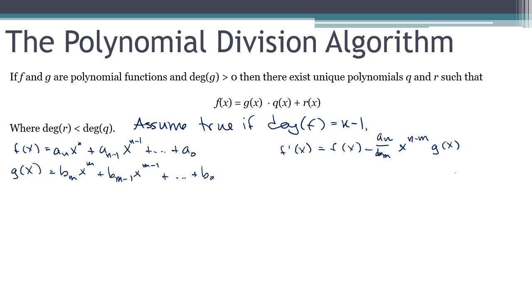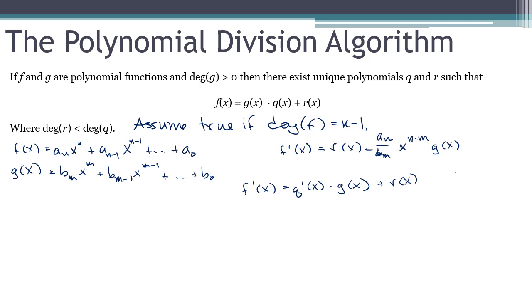So this means there exist polynomials q and r such that f prime of x is equal to, let's call it q prime of x times g of x plus r of x. So what? That doesn't look real helpful. Okay, but look, it is.